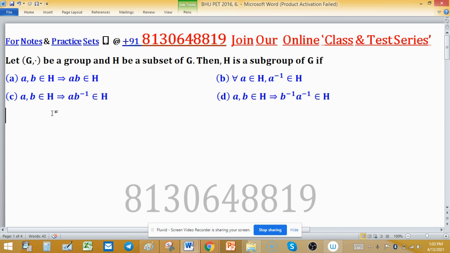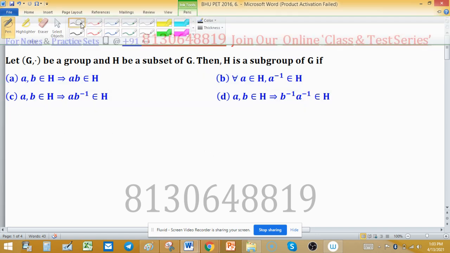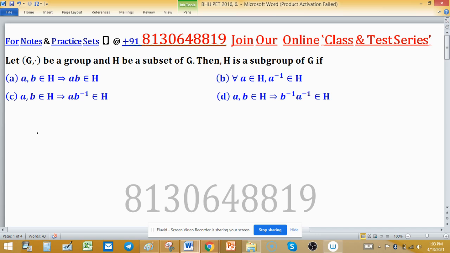But why do the other options fail? You should know these. If we are picking any two elements, then all four properties will be satisfied for a group: closure, associative, identity, and inverse. If a star or any other operation is given, it is a binary operation.